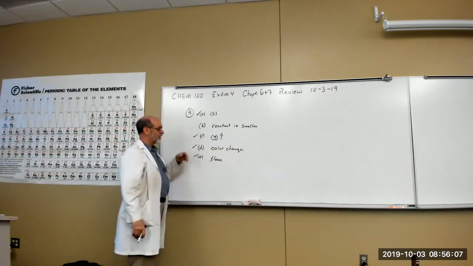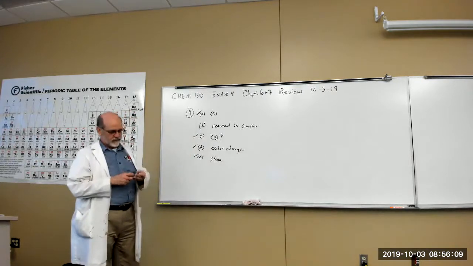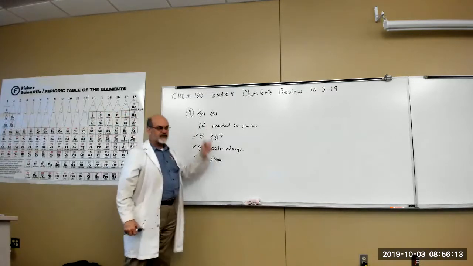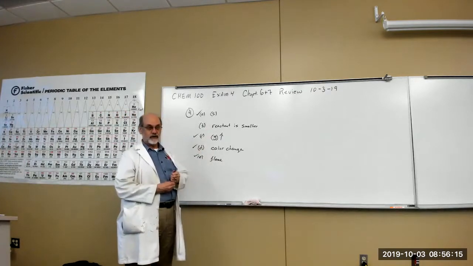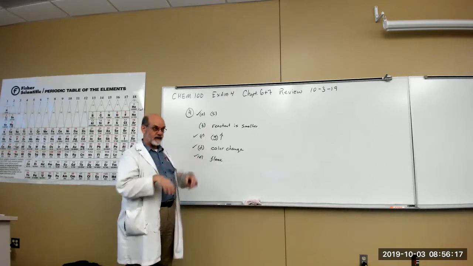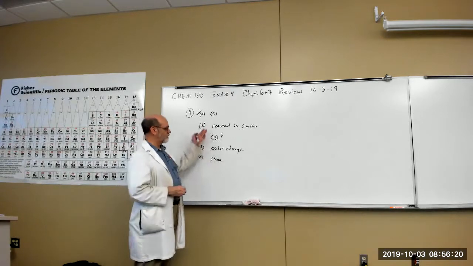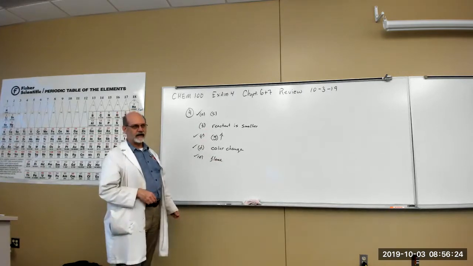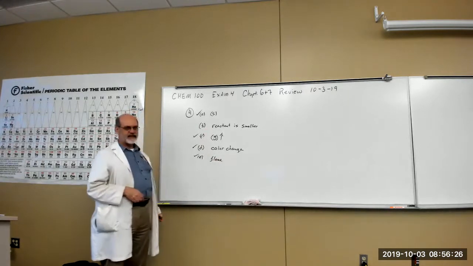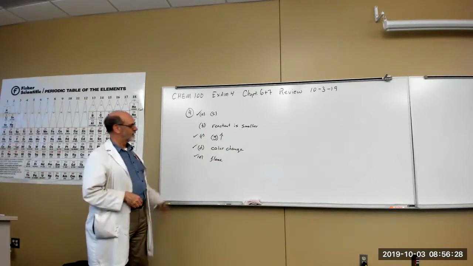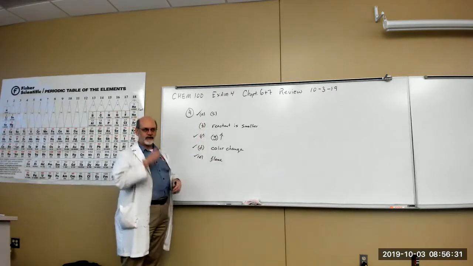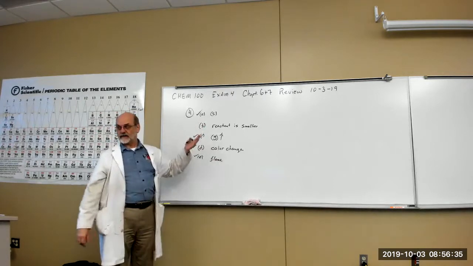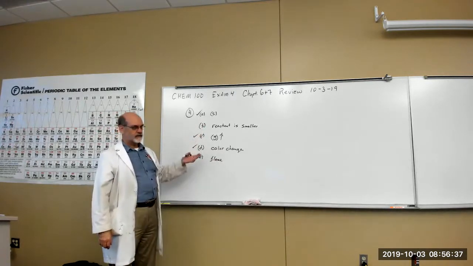And as a matter of fact, reactant is smaller is not an indication that the reaction is occurring because you can't see it. Right? We're talking about what's happening on the microscopic level. Ask me, is the reactant getting smaller? I can't tell. That's not an indicator. I can't see, hear, taste, or touch to find out if the reactant's smaller. Now, if we had instrumentation that could measure the amount of reactant, you could use that.